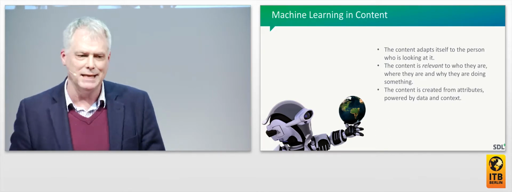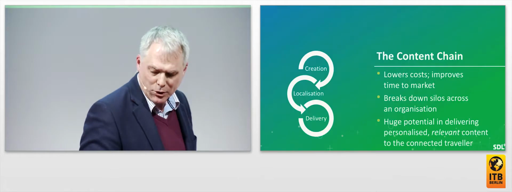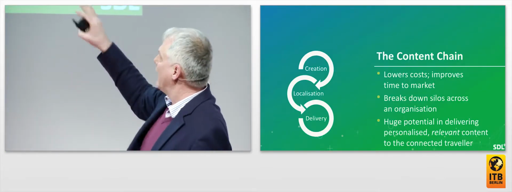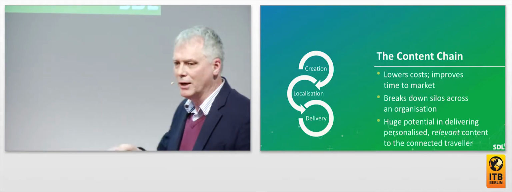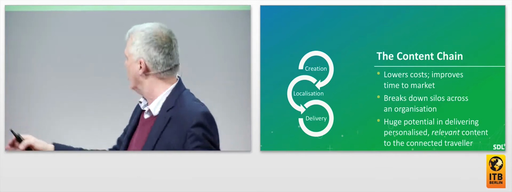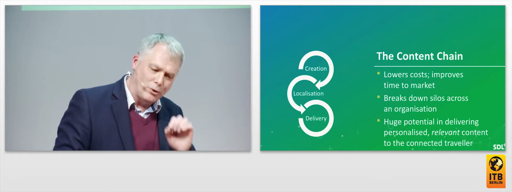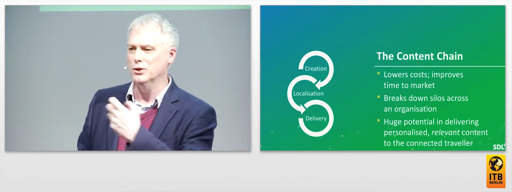It's powered by data and context. And it's done in real time, in whatever language you happen to be in. So automating the content chain is about lowering costs and improving time to market for sure. It's about breaking down silos across the organization, for sure. But the huge potential is in delivering personalized, relevant content to that connected traveler on their own personal device.